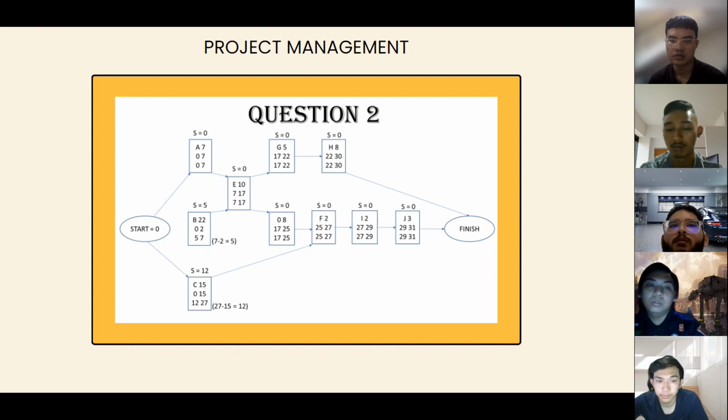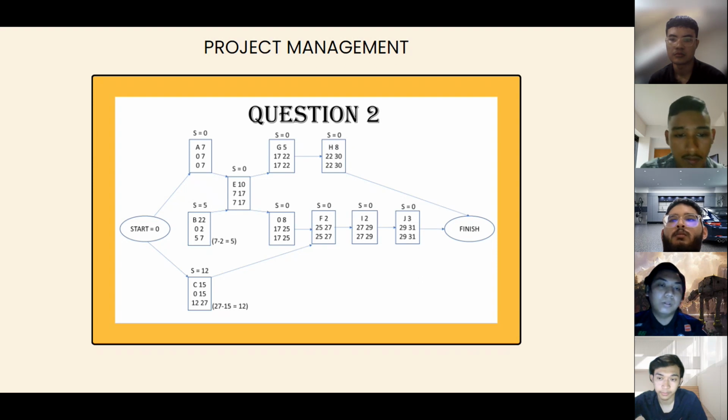So 22 minus 5, you are going to get 17. And from 17, you must minus 10 from the E box, you will get 7.